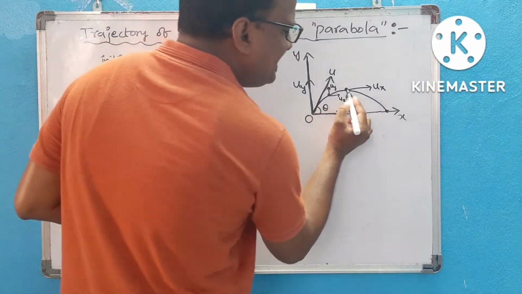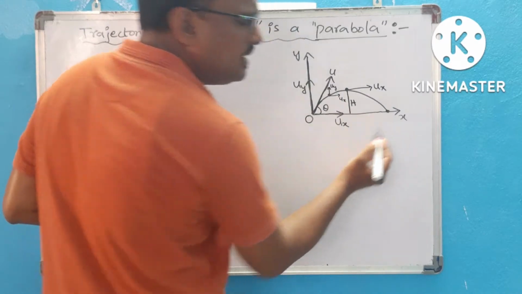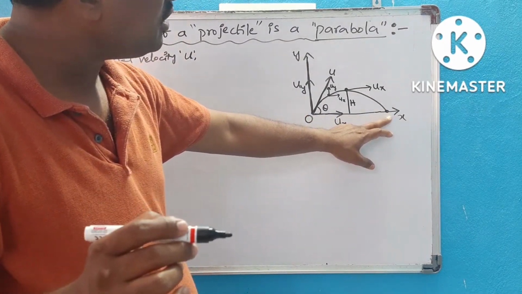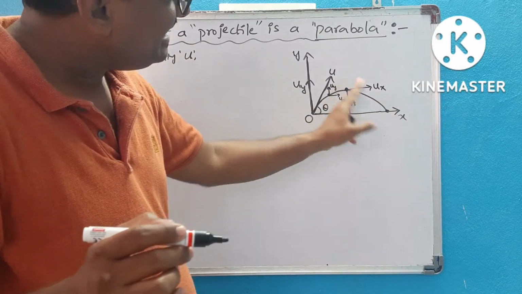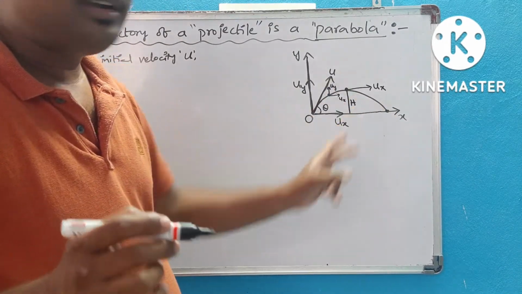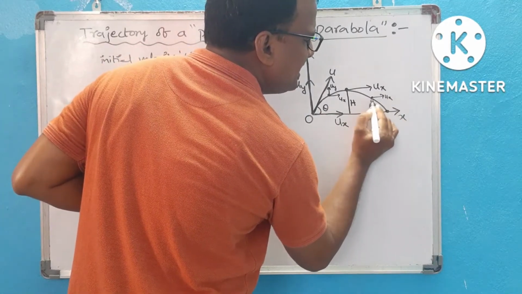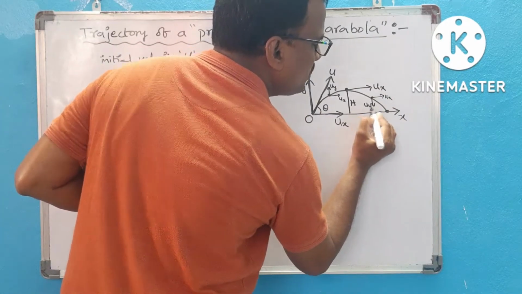That's why, from the maximum point to the falling point, reaching the ground, at any point the horizontal direction is along this one and the vertical direction is downwards.